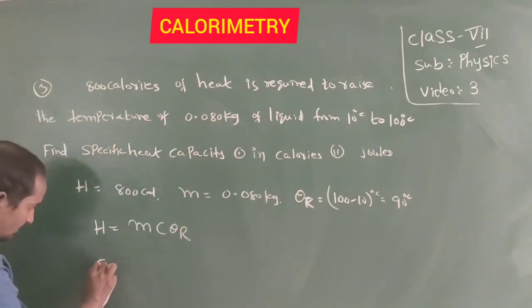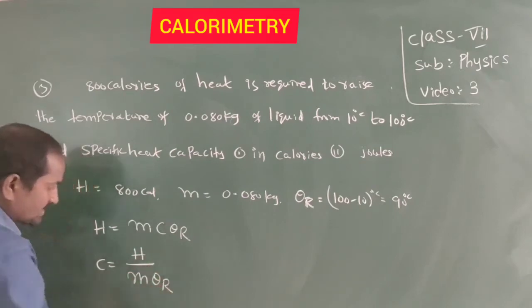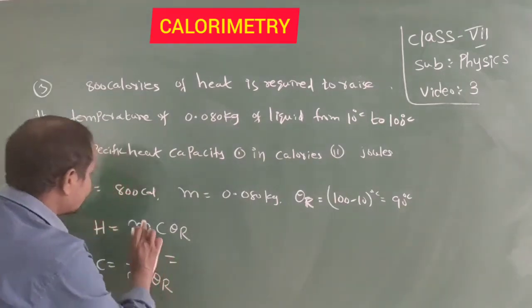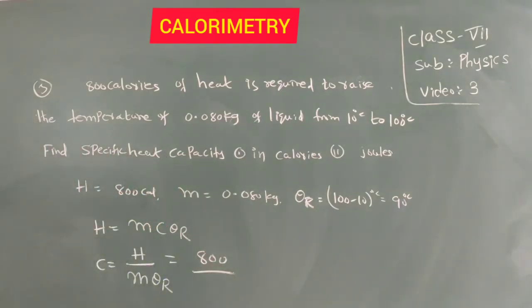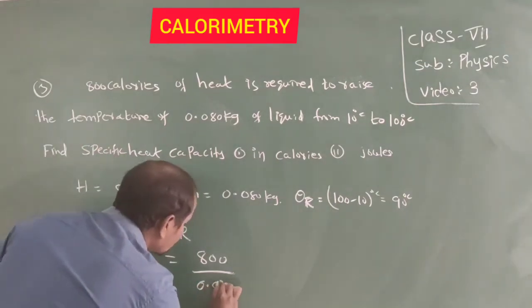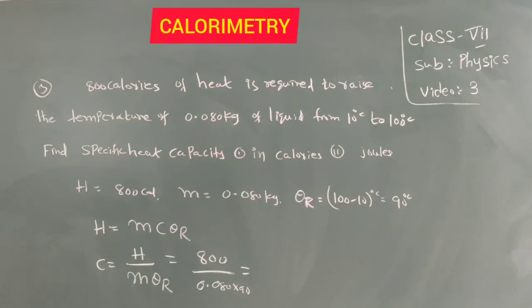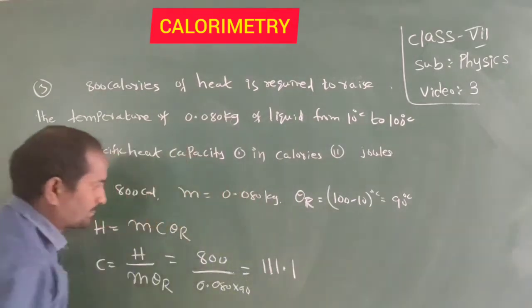From this we can write C equals heat energy divided by mass into changing temperature, or rising temperature, that equals 800 divided by m, 0.080, into 90. 0.080 into 90, that total value is 111.1.